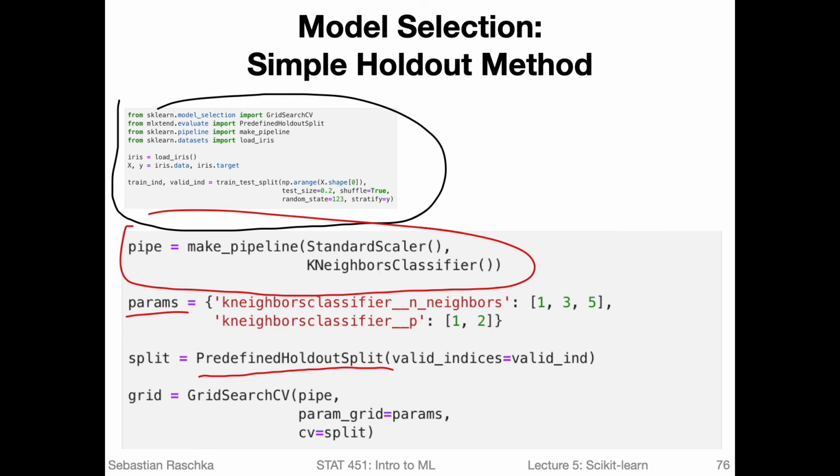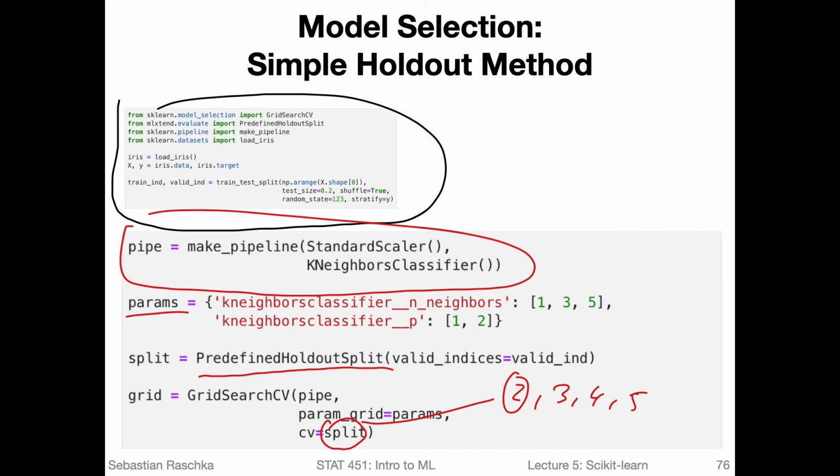Later on in this course, instead of using this split object, we will provide values like 2, 3, 4, 5, and so forth. If we provide integers, this will be k-fold cross-validation. So 2 would be two-fold cross-validation, which is a little bit different from the holdout method.